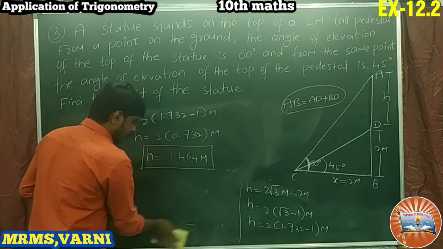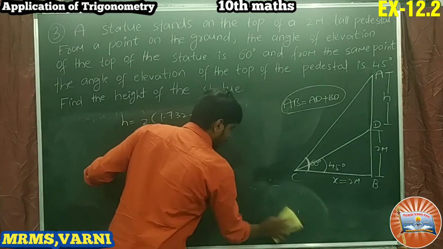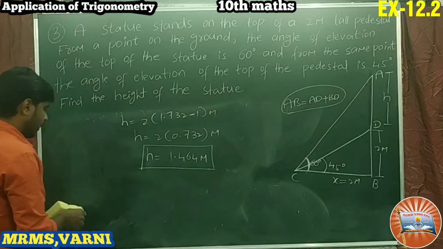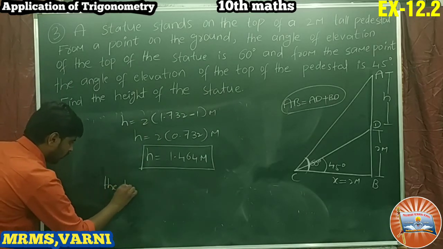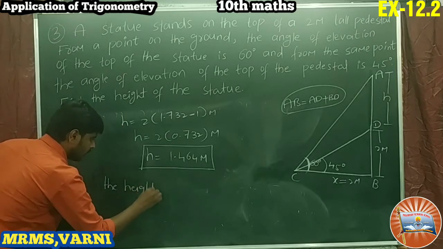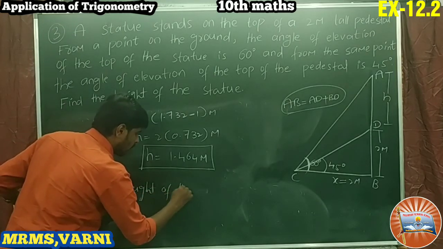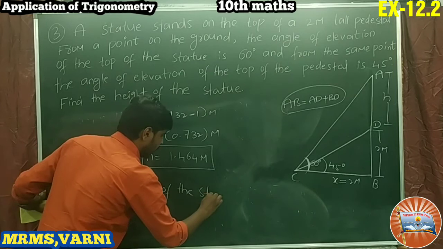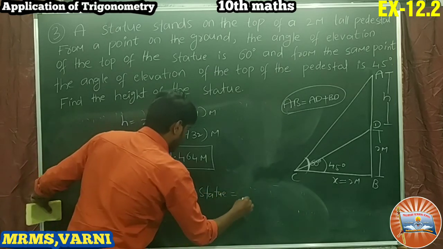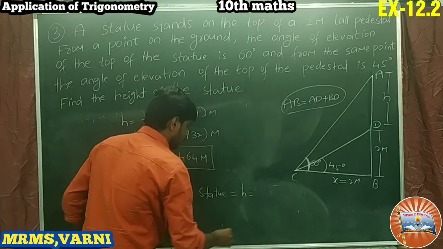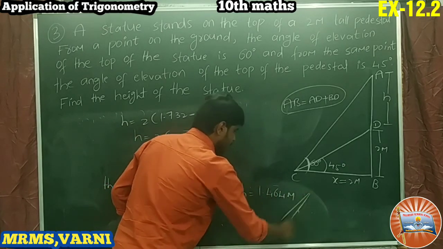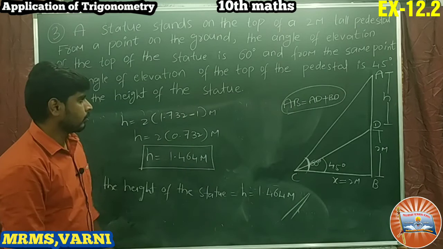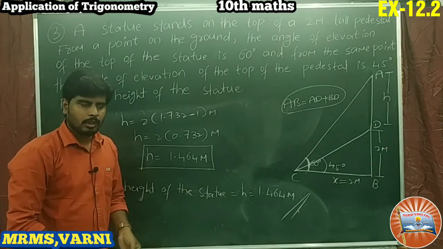That is our required answer. So write down here: the height of the statue is equal to h, which we got as 1.464 meters. This is the answer. I hope you understand the problem.